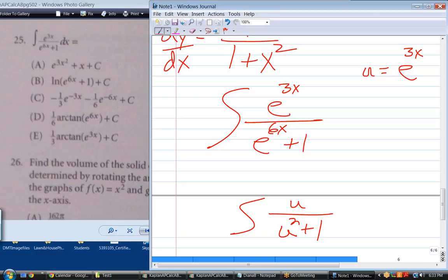Hold on, I'm thinking for a second. Problem is we don't know the integral of that. That's not 1 over u squared plus 1. If that was 1 over u squared plus 1, we'd be in clover.